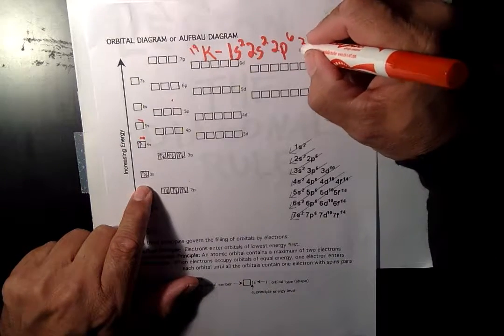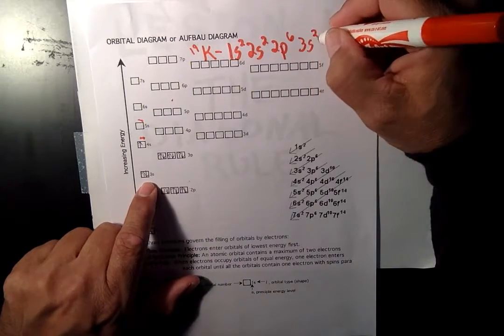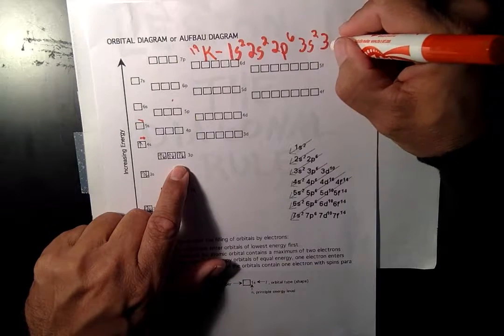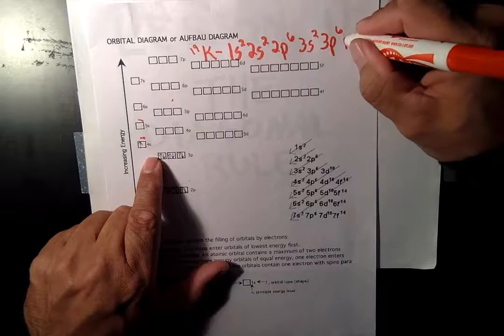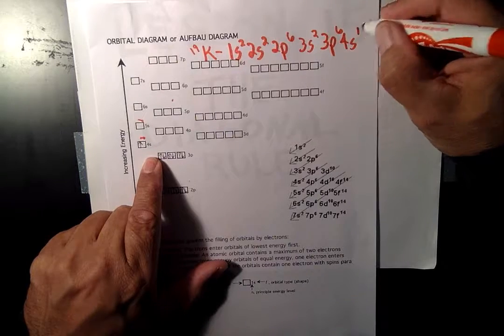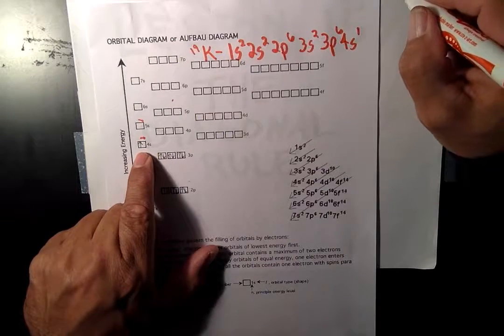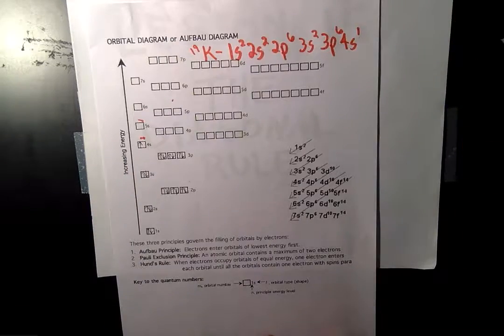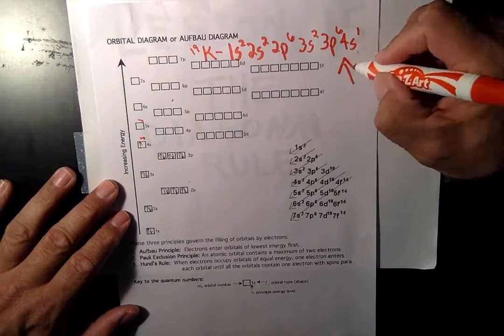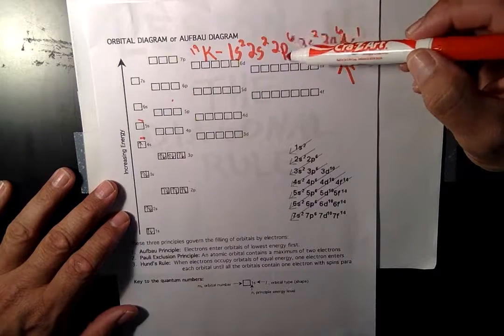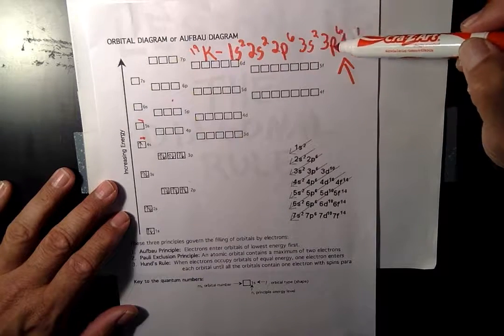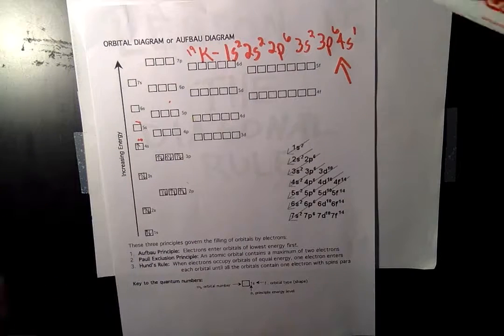On my 3s, I have 2 electrons. On my 3p, I have 2, 4, 6 electrons. And my 4s, I have 1 electron. Only one. Now, this is called the electron configuration for potassium. 1s2, 2s2, 2p6, 3s2, 3p6, 4s1.